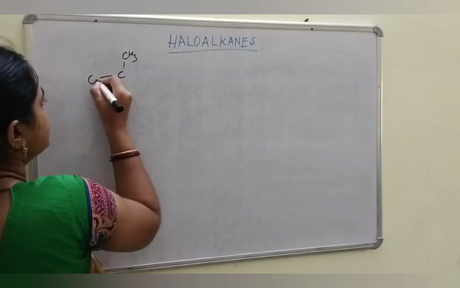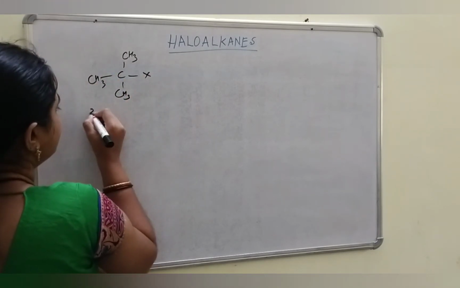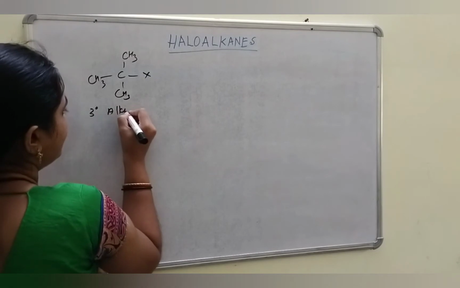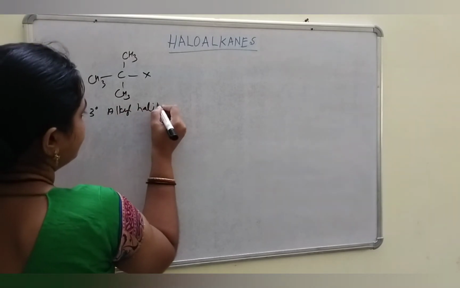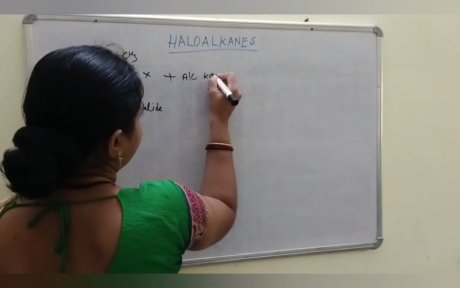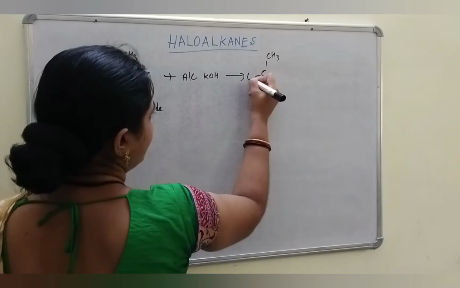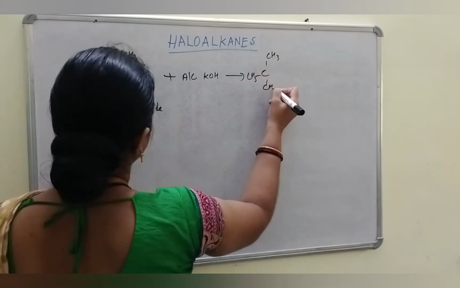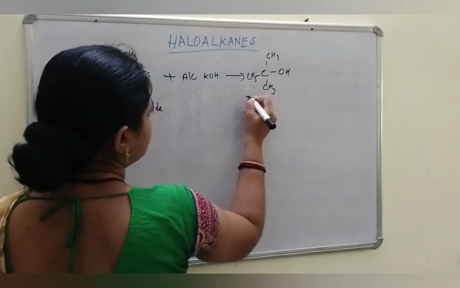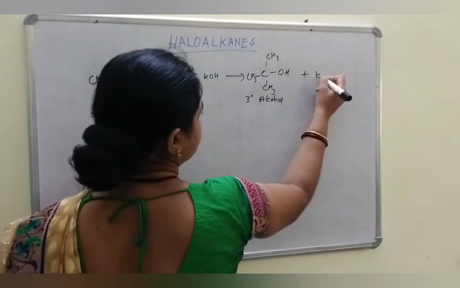CH3, CH3, CH3. This tertiary alkyl halide treated with alcoholic KOH forms tertiary alcohol, and KX is removed.